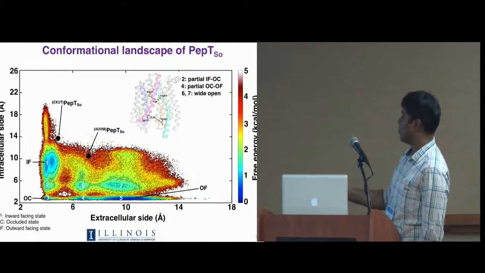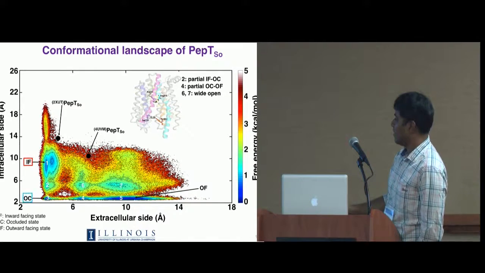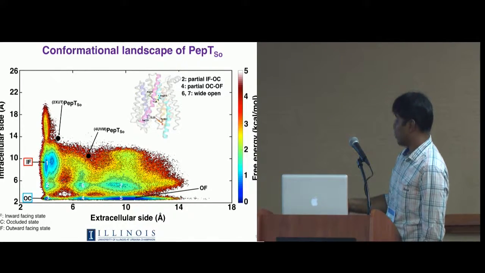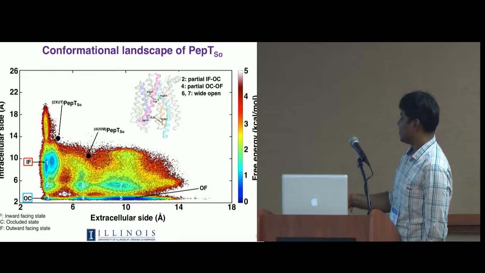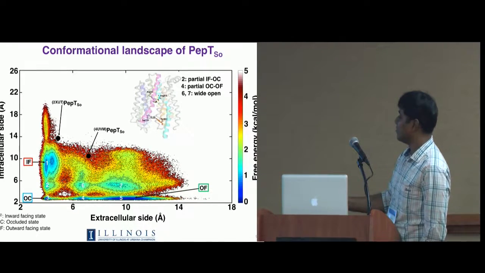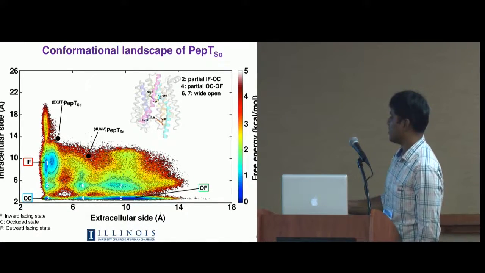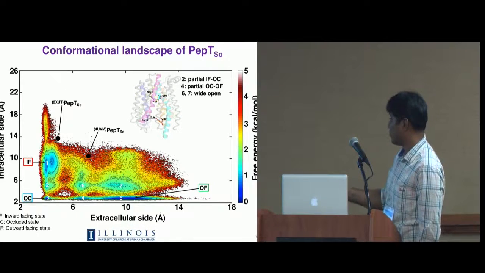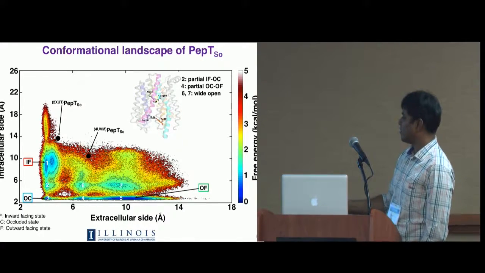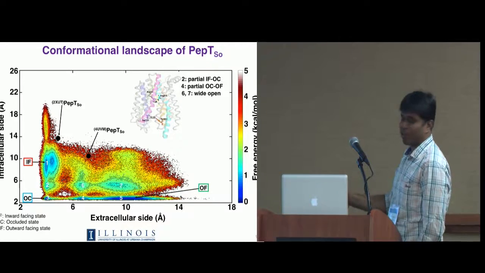When it is closed at both sides, we call it occluded, and when it is open to the extracellular surface, we call it the outward facing state. We sampled all the states and estimated the free energy for one complete cycle from the inward facing state to the outward facing state to be 5 kilocalories.